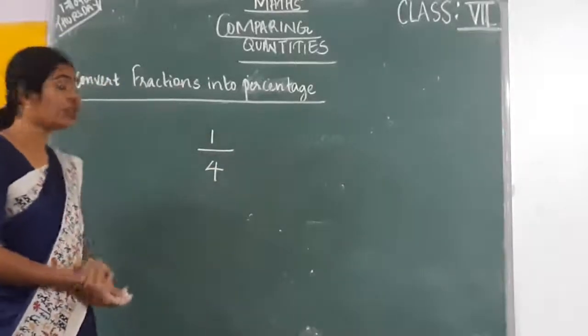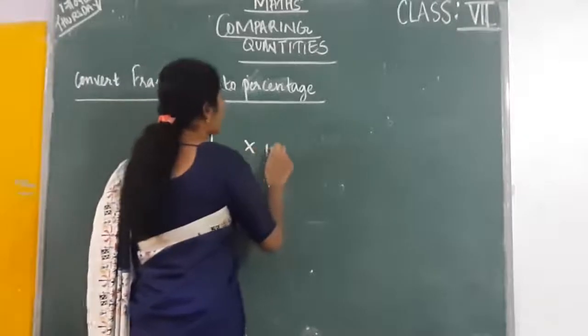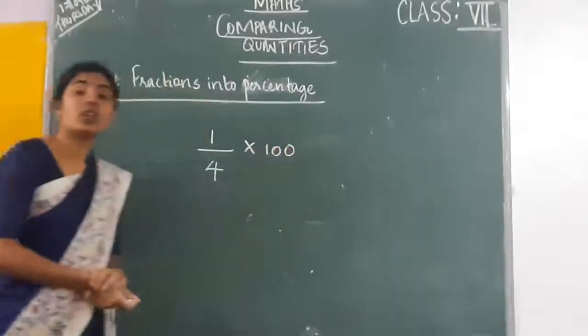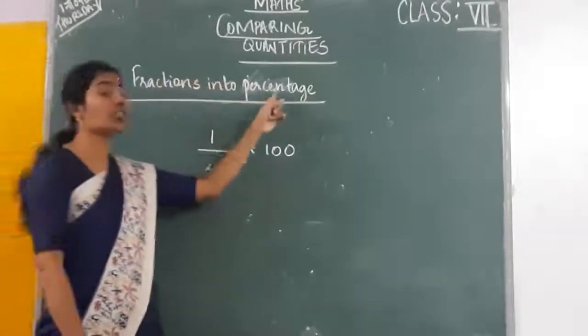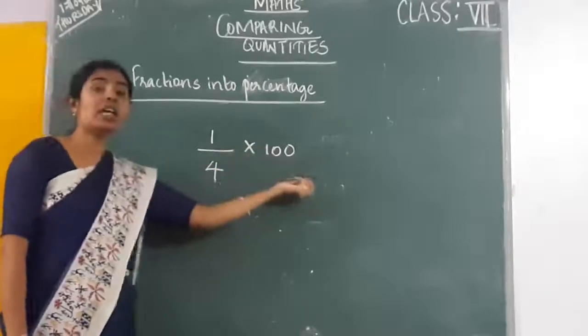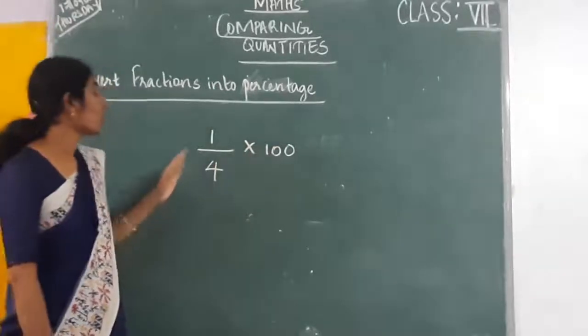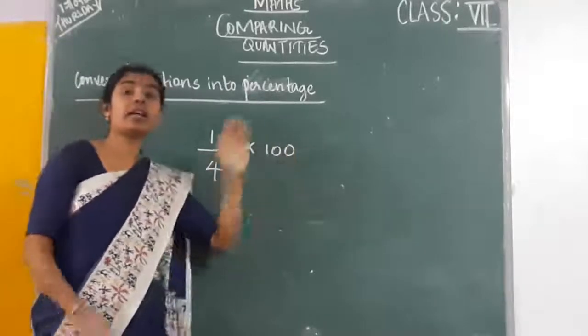First of all, you should multiply the given fraction by 100. So what will you get? 1 by 4 multiplied by 100.